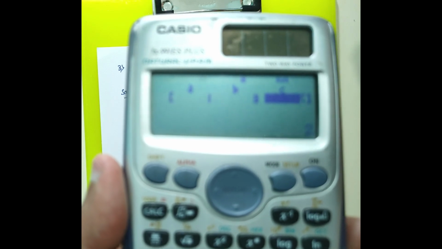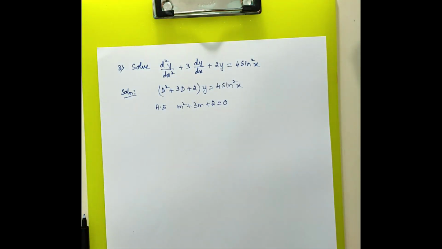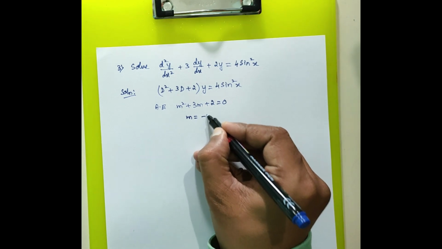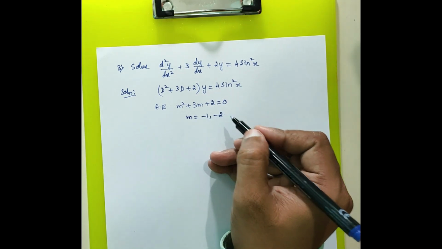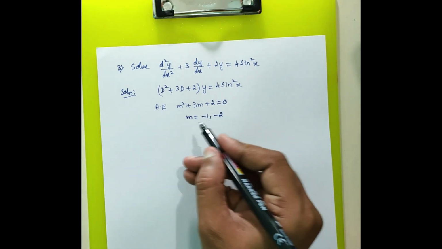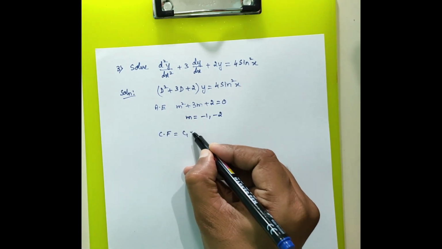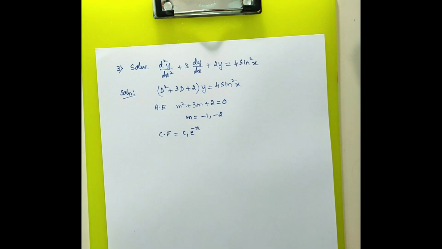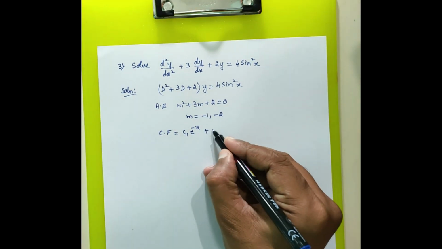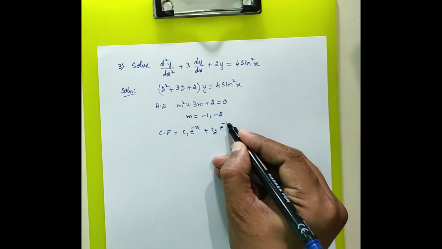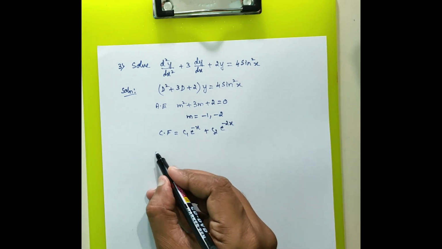The roots are m is equal to minus 1 and minus 2. They are real and distinct, therefore the complementary function will be c1 e power of minus x plus c2 e power of minus 2x.